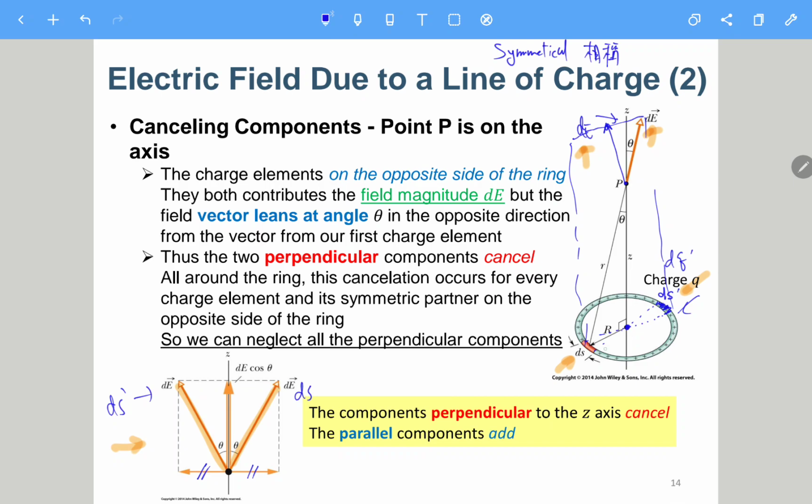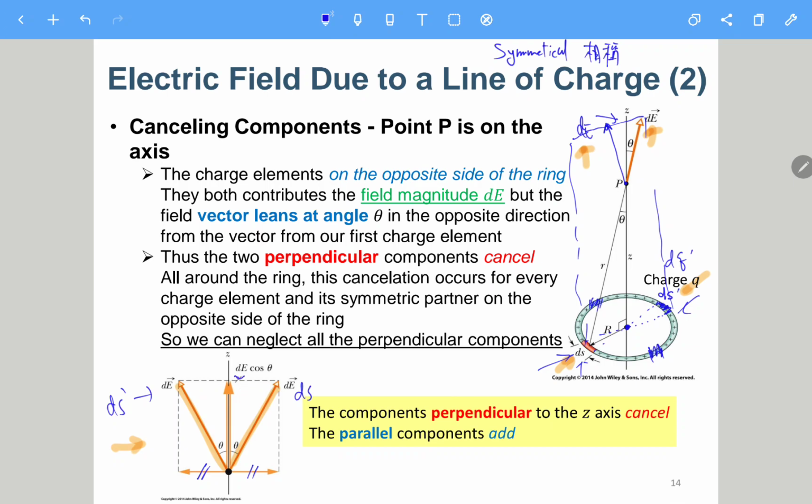If you just choose some ds and some ds prime there that are not symmetric, they cannot perfectly cancel the horizontal component. But for a circle, you can always find the symmetrical part. So the horizontal component can be perfectly cancelled. If you have this part, then the symmetrical part is there. So you can always find a pair of discrete charges so that they perfectly cancel the horizontal component.